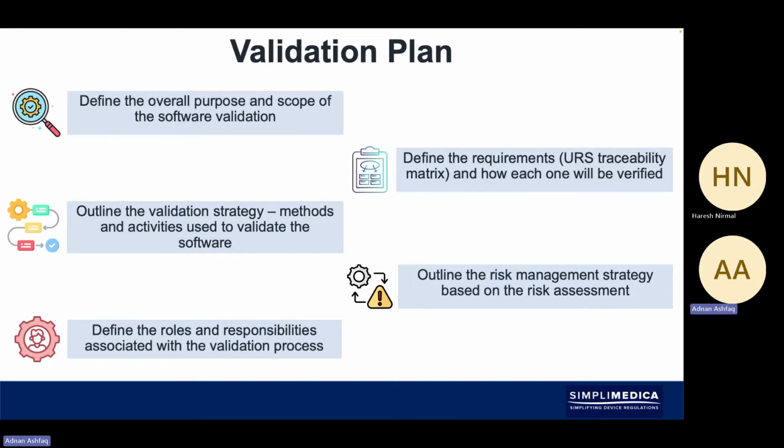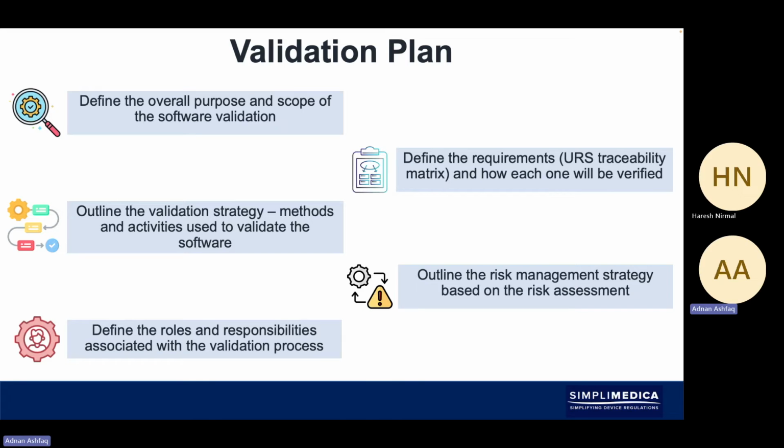So we would write a validation plan, and then in the validation plan, we would have an overall purpose and scope of the software validation. You would define the URS requirements, outline the validation strategy. How did you come up with this level of validation? The approach that we're taking, that we discussed, the risk assessment. You're using part of GAMP or not GAMP, all of GAMP, etc. This is your validation approach.